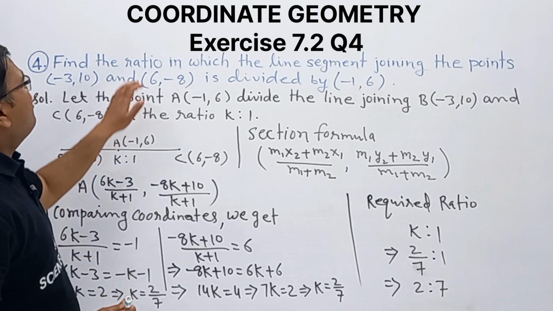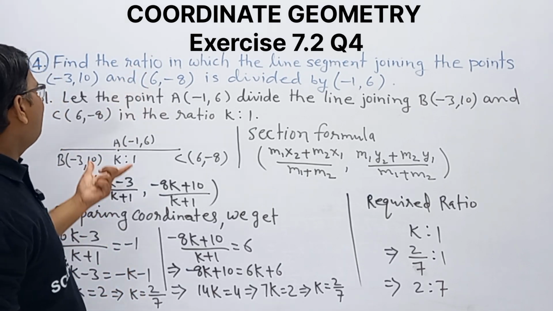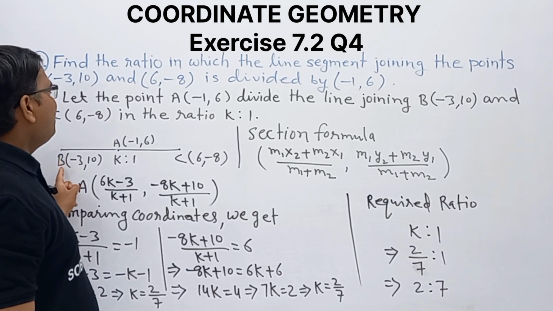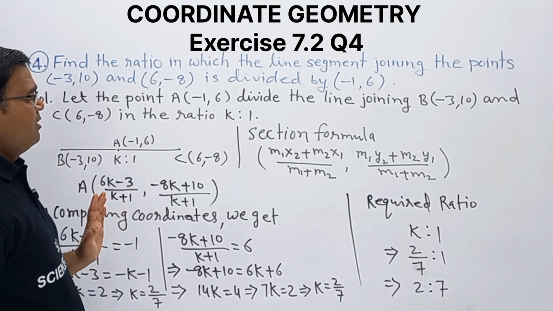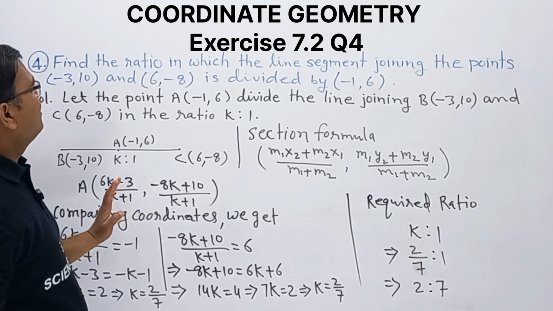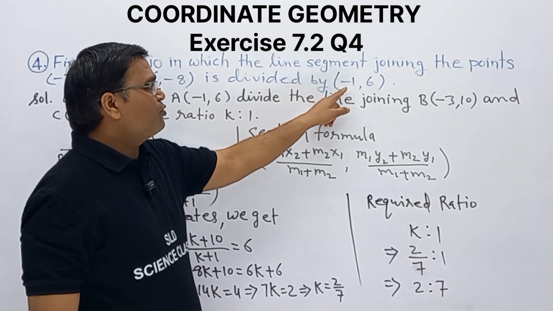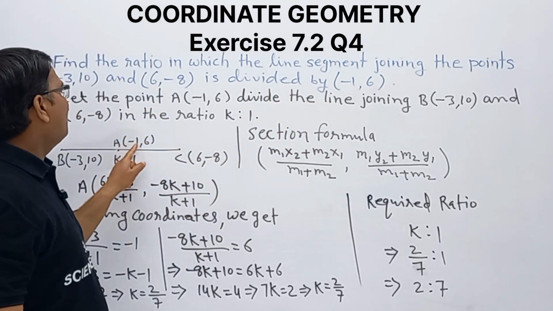Observe again. In this question, we require the ratio. In the question, we have one line segment BC. These points are given in the question, and this line segment is divided by 1 point whose coordinates are (-1, 6).